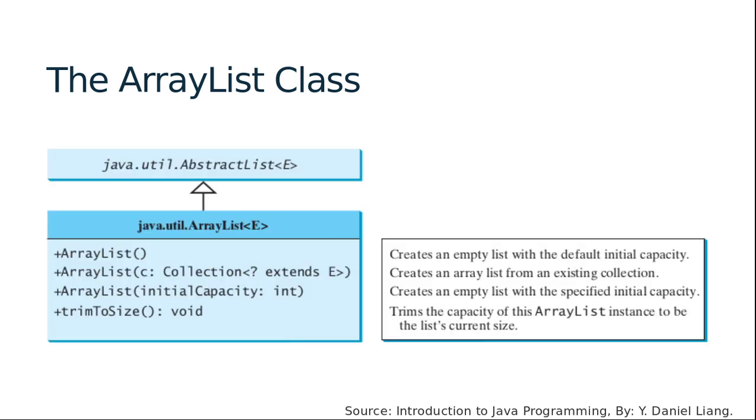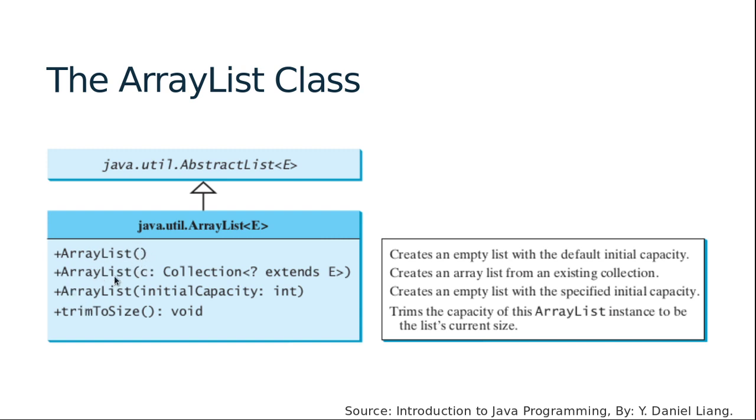This is the ArrayList. It only has the constructors and the trimToSize method. All the rest of the methods are coming from the collection interface, abstract class, or list interface. There is a no-argument constructor, which will create an empty list.